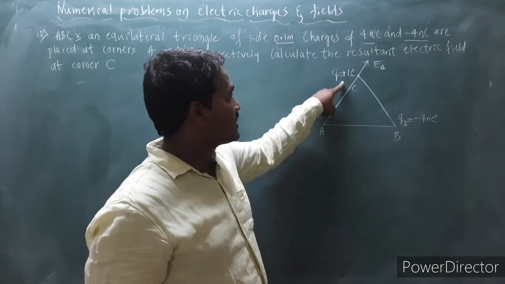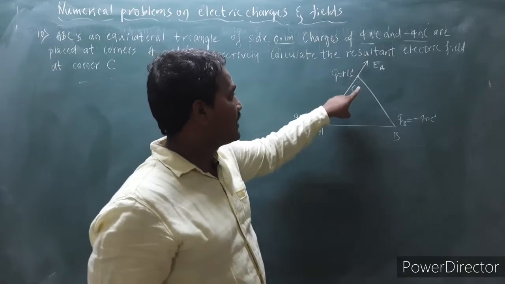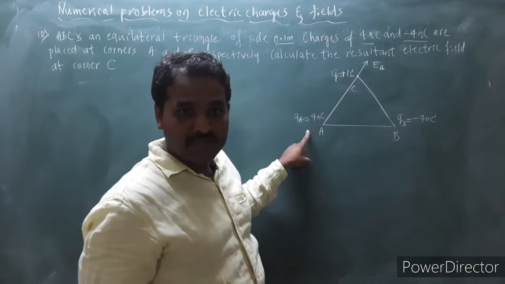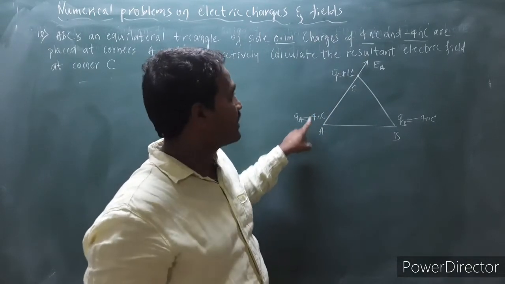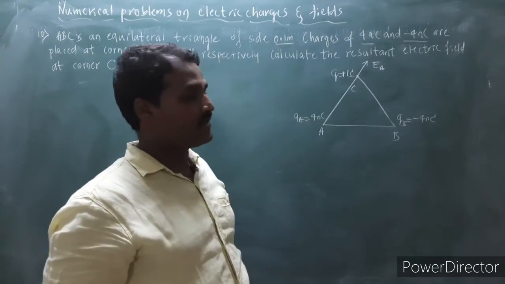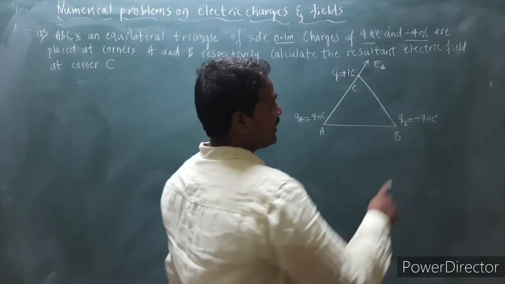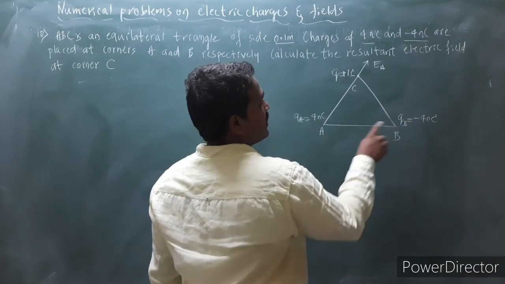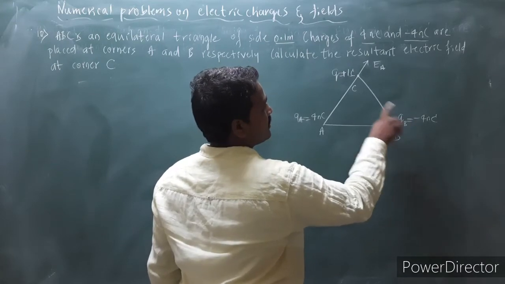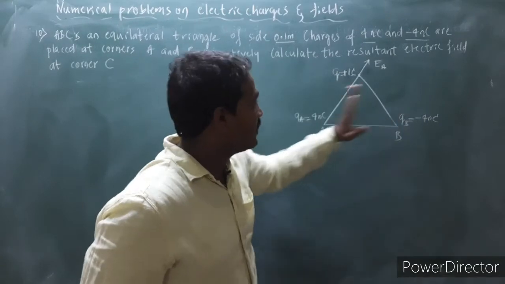So the test charge will be moving away from the source charge, and the direction of the electric field at C because of this source charge is the direction in which the test charge moves. Similarly, if I consider the source charge QB, QB is negatively charged, so it will attract the test charge towards it.